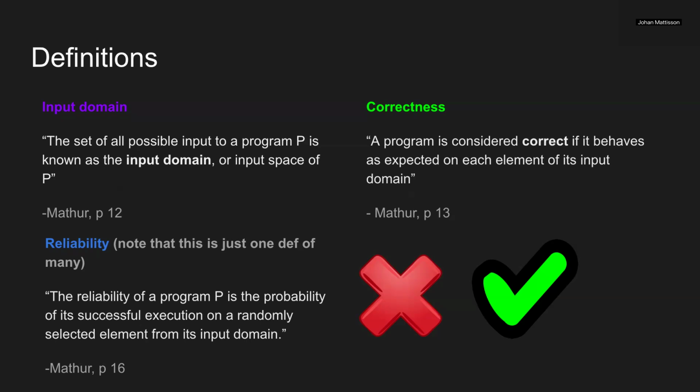And if you remember, this became tricky quite fast. If we had a simple add function and we just put in two regular integers, for example, the input domain became massive really fast, right? You recall? All right, cool.